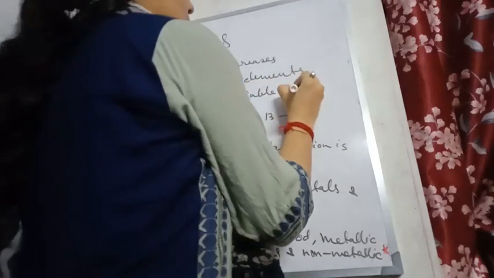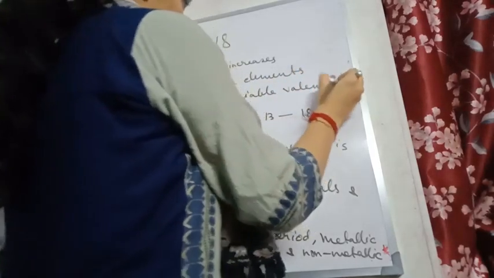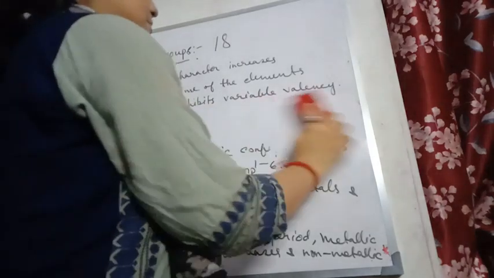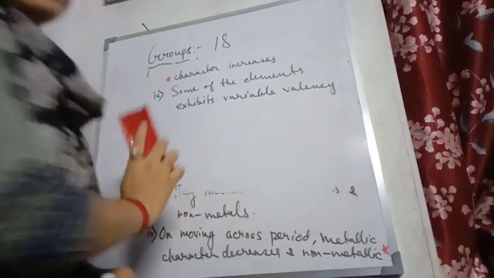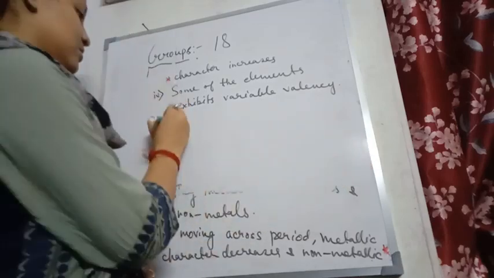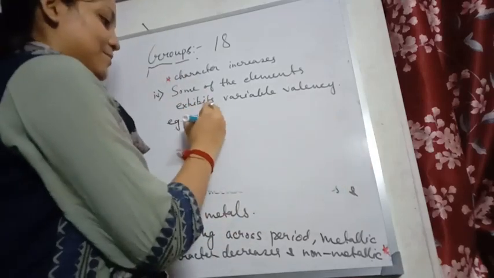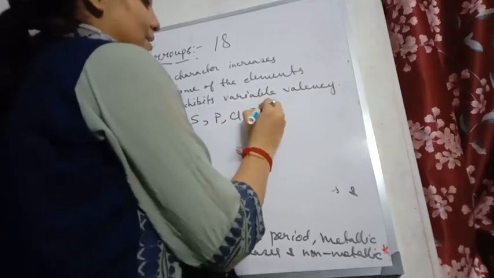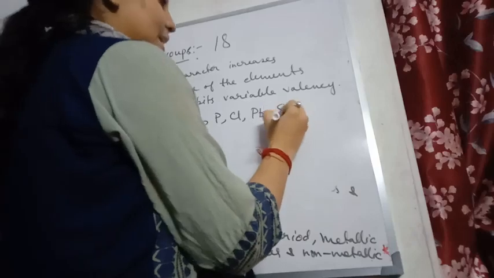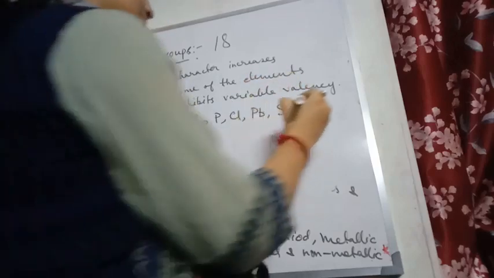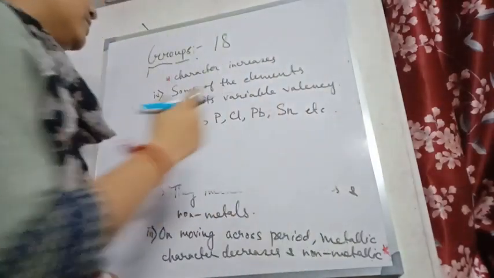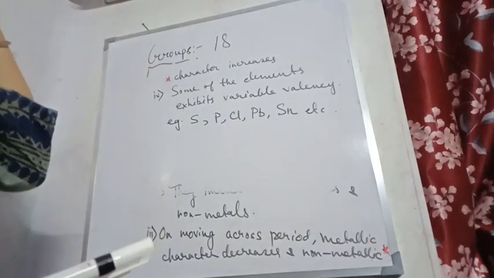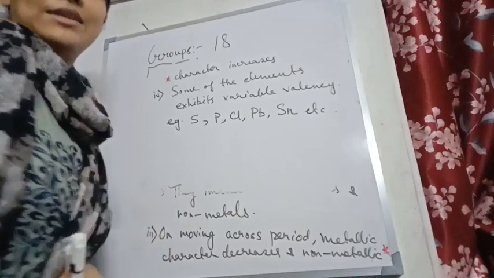Examples are sulfur, phosphorus, chlorine, then lead, tin, etc. These are the elements of p block which show variable valency.